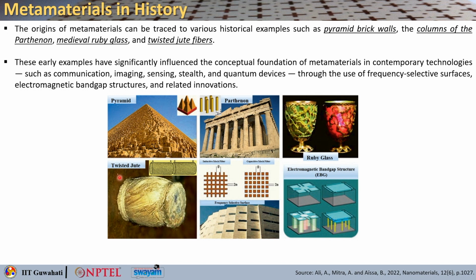These are basically early examples that have significantly influenced the conceptual foundation of metamaterials in contemporary technologies such as communication, imaging, sensing, stealth and quantum devices, through the use of frequency selective surfaces, electromagnetic band gap and other related innovations. These are the frequency selective surfaces and this is electromagnetically programmable band gap structures.